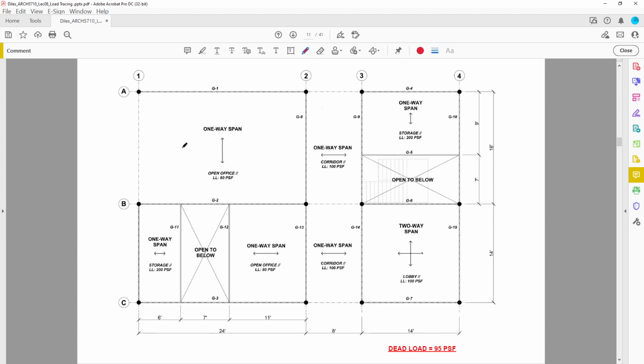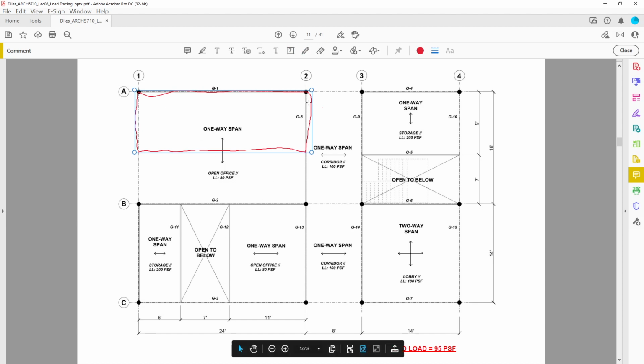But for a simple case like this, we could say, well, the area under the load is this square footage. And this is 24 times 8 times the 175 pounds, which is the total load in this area.